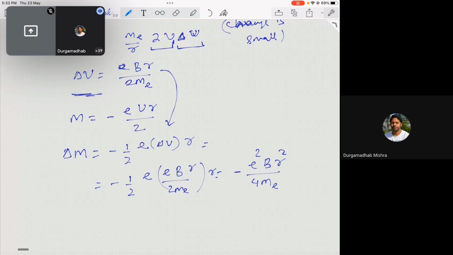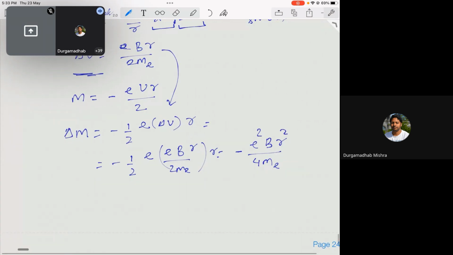But whatever form, now what we see here, this delta M that is induced, so this is the induced dipole moment, it is negative.